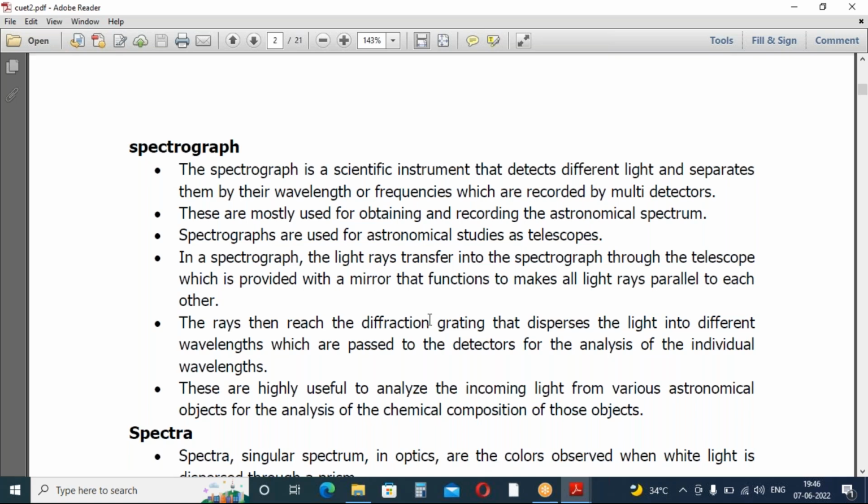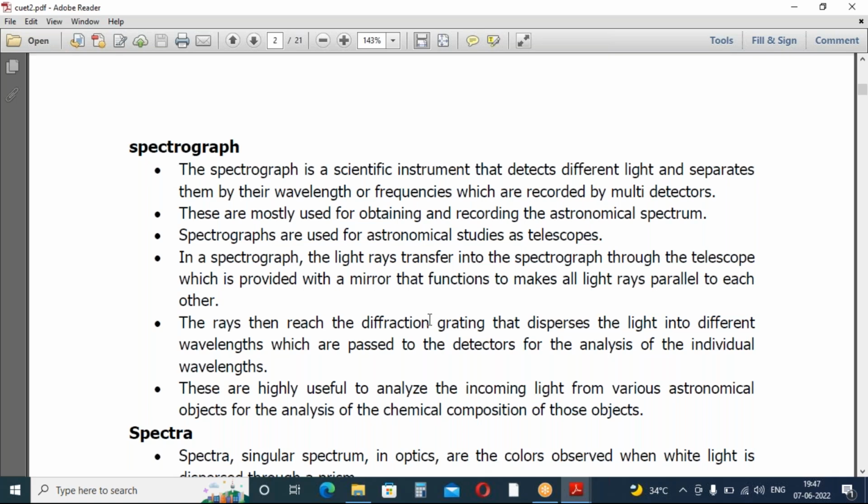Astronomical means it is mainly used for the observation of stars. Here we can observe different types of stars, like sun radiations, and also detect different eclipses. These astronomical spectrographs are used for that.